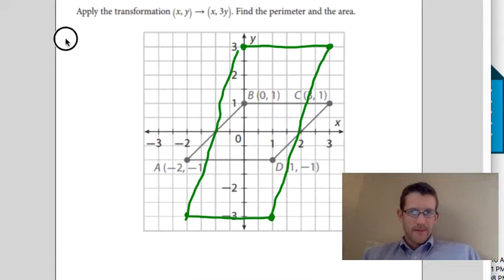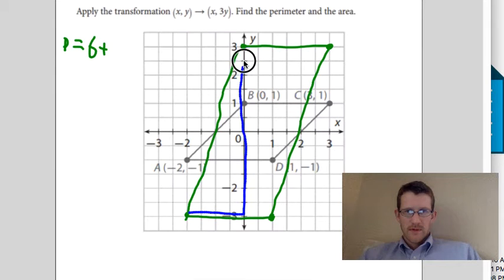Same sort of deal here. Perimeter is equal to the bases, so that's 1, 2, 3, plus 1, 2, 3, so that's 6, plus the length here. Again, I can kind of form a right triangle. Think of this right triangle, this blue right triangle.